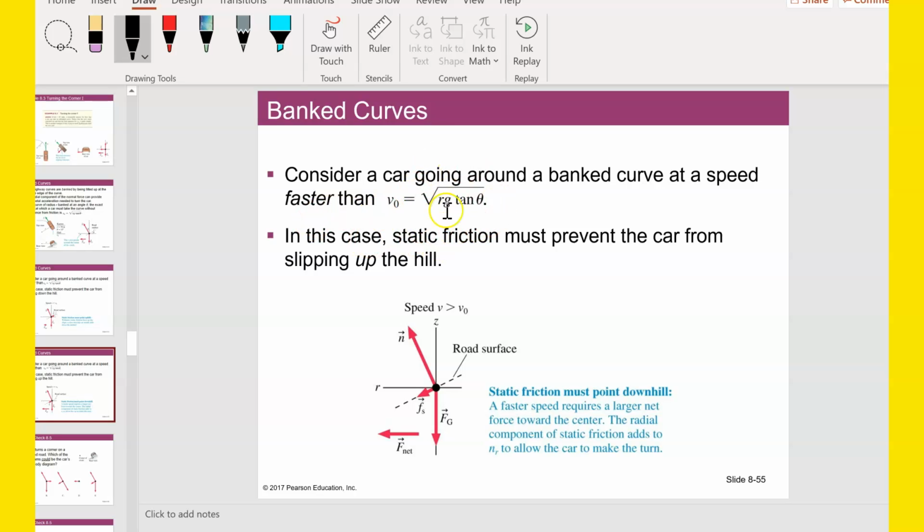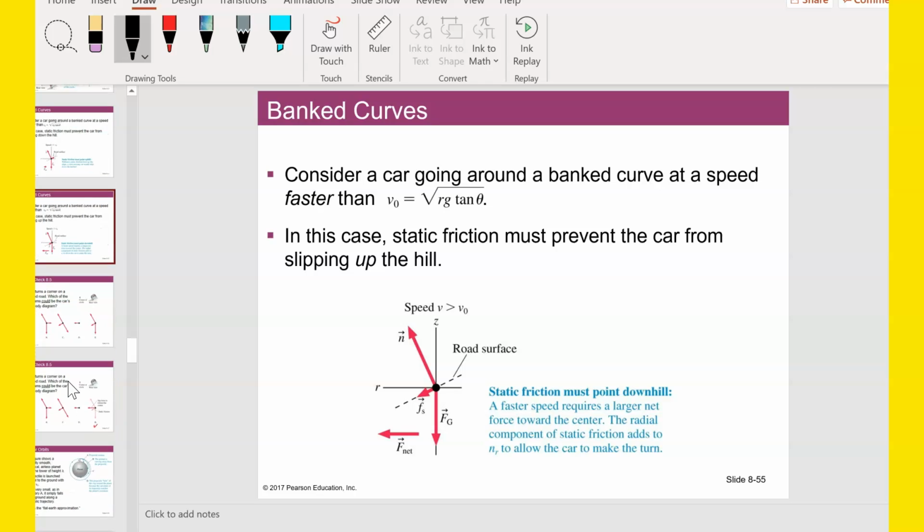If it was going faster than that maximum speed, the car would want to slide up the bank, so static friction would prevent that. Static friction would point down the bank, down the curve, and so it would actually help point toward the center of the circle with one of its components.